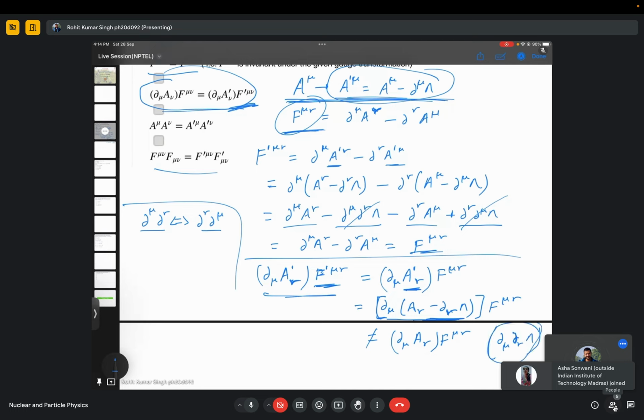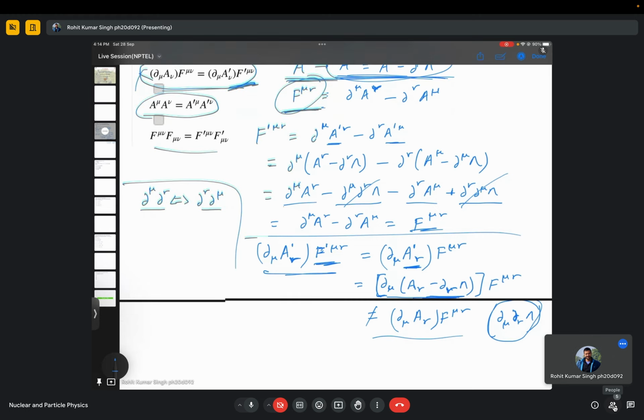You cannot cancel it with something else. So this option cannot be true. Similarly, you can check that this option is also not true.